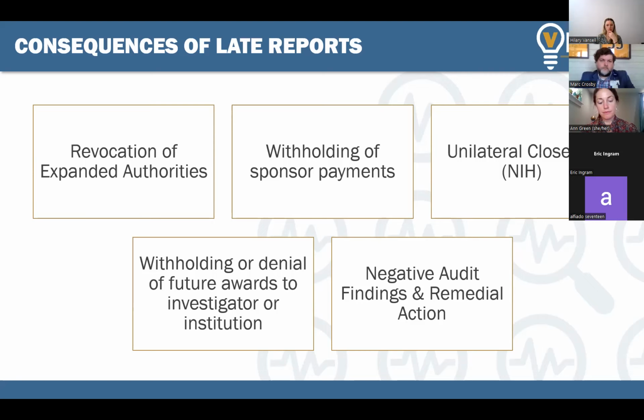So expanded authorities give the institution the ability to review and approve things on their own instead of having to go to the sponsor every time you want to make a change. And if an organization doesn't have expanded authority, you can ask them what steps they would want to take to obtain that.